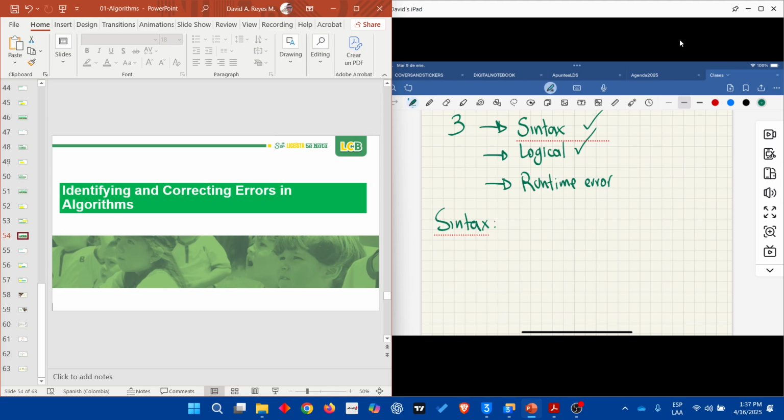In syntax, for example, let's suppose that you have this algorithm. I'm going to begin: count equals to 0. Now from e that starts in 1 to 10, do. And here I'm going to write count equals to count plus.